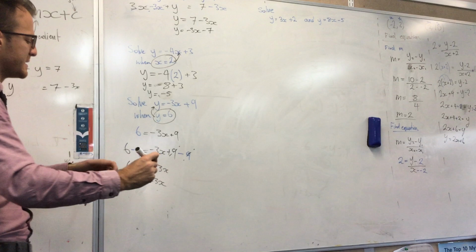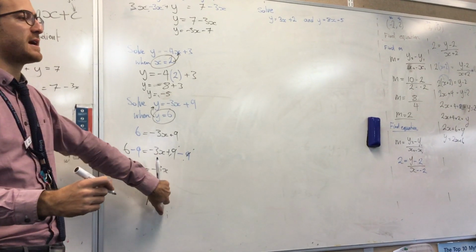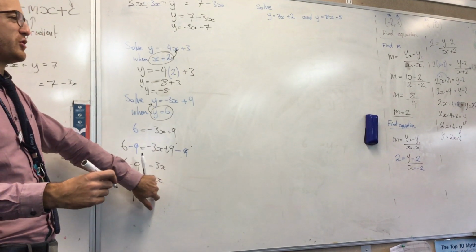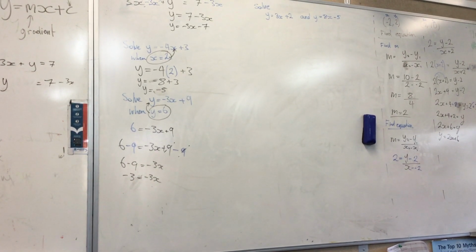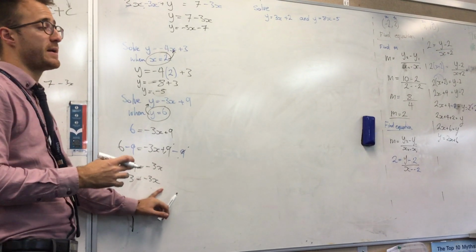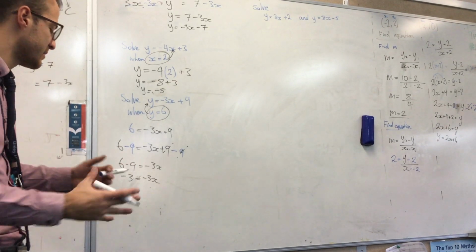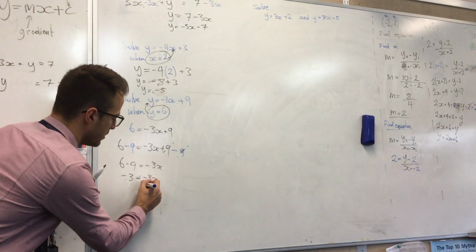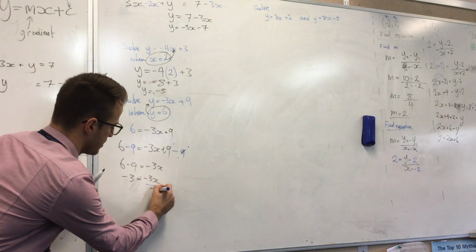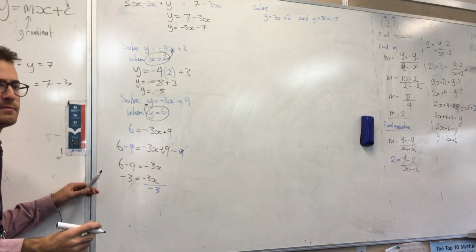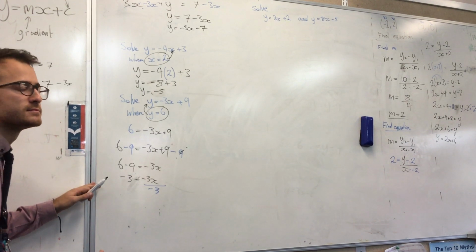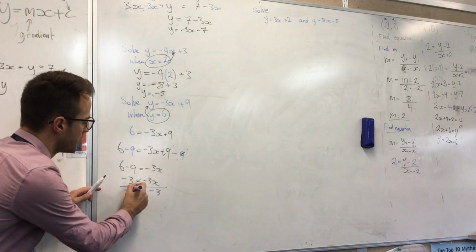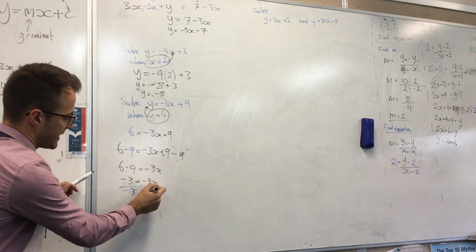Alright, and maybe Katie, what if I've got negative 3 times x? What do I need to do to this? What's the opposite of multiplying? Dividing. So we've got negative 3 multiplied by x, so the opposite being dividing, we'll divide by negative 3. Does everyone understand that step? Yeah. Cool. We do it to the right hand side, do it to the left. They'll cancel out.